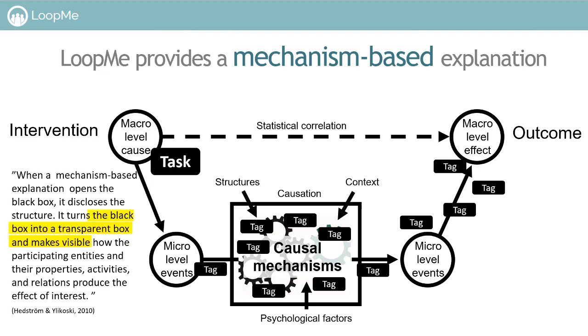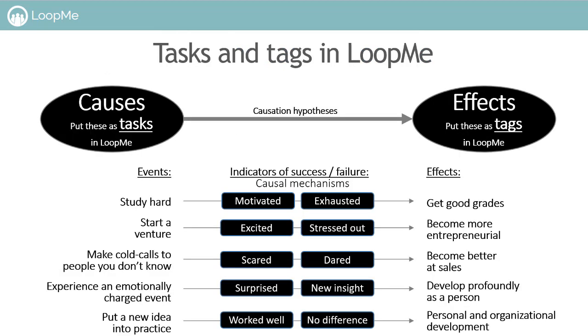When a mechanism-based explanation opens the black box, it discloses the structure. It turns the black box into a transparent box and makes visible how the participating entities and their properties, activities and relations produce the effect of interest.